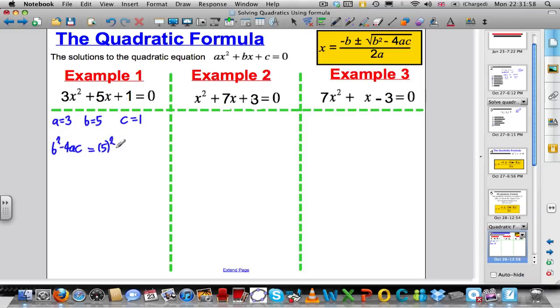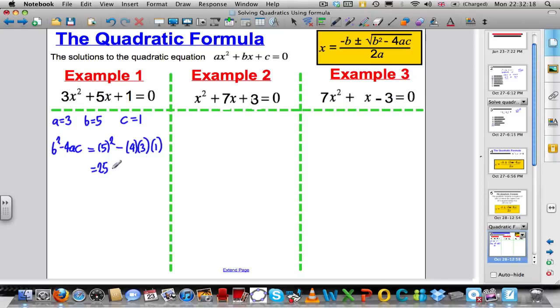You're going to subtract 4, keep that in brackets, times a is 3, times c is 1, and you're going to work this out. Well, 5 squared is 25, 4 times 3 is 12, 12 times 1 is 12.